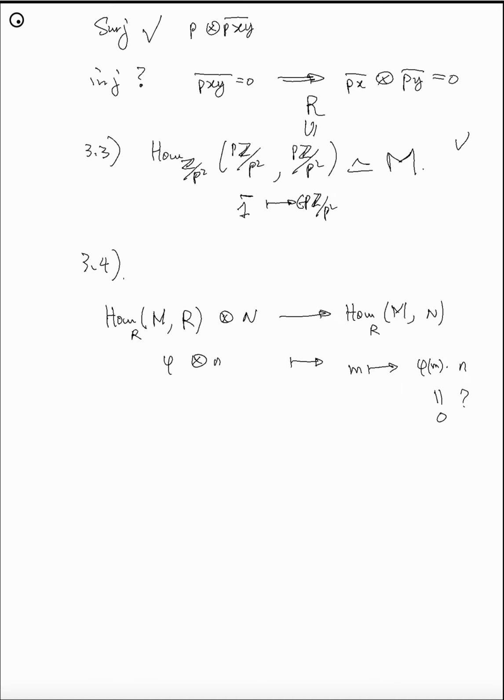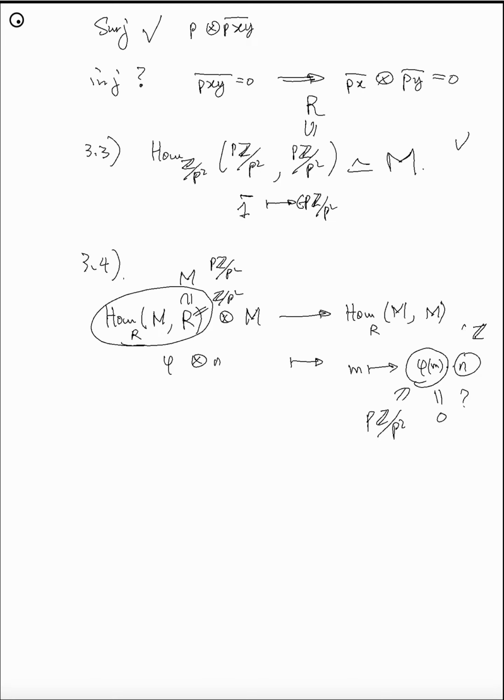This is because phi of m, as we have shown, always falls into the p torsion part. So phi of m by our construction is not only in R but in M, which is pZ quotient p squared. This R is Z quotient p squared. So this is already in pZ quotient p squared. And then you multiply with n, here n is the same as m in our case, which is p modulo p squared. So p modulo p squared times p modulo p squared is 0. And so we are done.